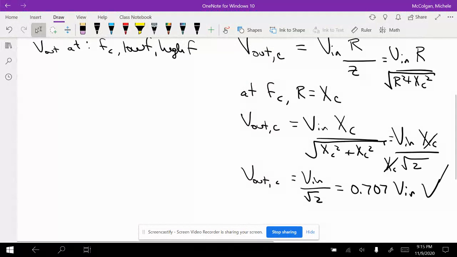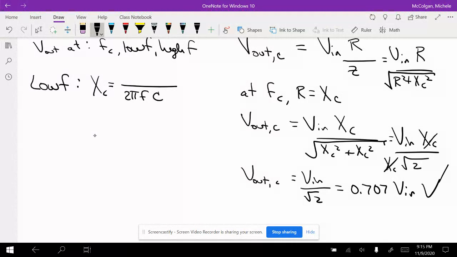So now let's look at a low frequency. We want to find XC. So XC is equal to 1 over 2 pi FC. And so XC is equal to 1 over 2 pi, and we're going to say low frequency is 100 hertz. If cutoff is 1,000, then low frequency is 100. That seems pretty good. So 100 hertz times 0.1 e to the minus 6 farads.